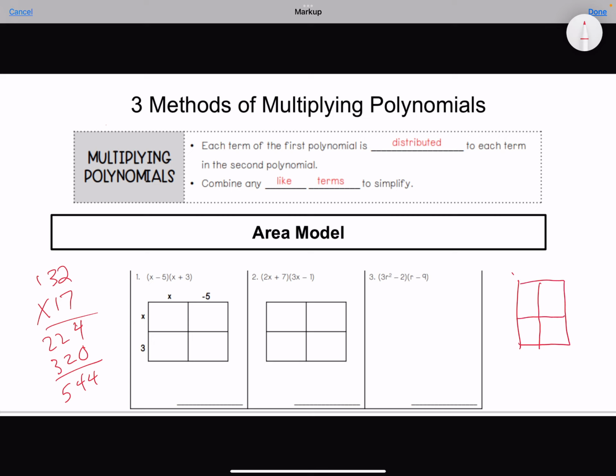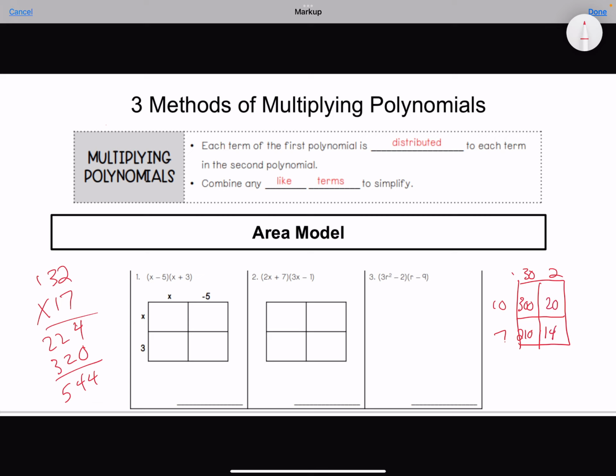We're breaking apart the 32 into 30 and 2, and then the 17 into 10 and 7. And just like when we found the area model, when we were distributing, we're kind of doing the same thing. So what's 30 times 10? Well, it's 300. 7 times 30 is 210. 7 times 2 is 14, and that is 20.